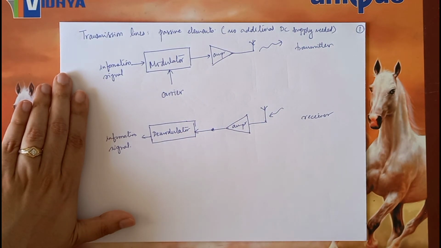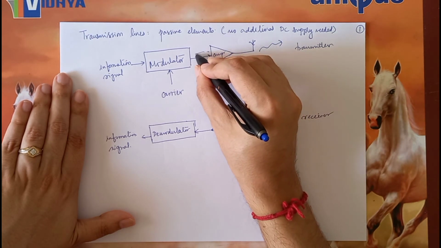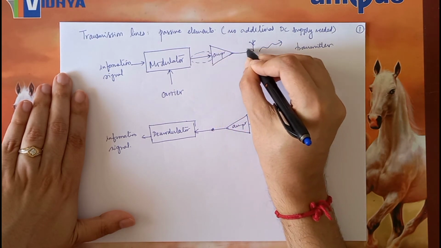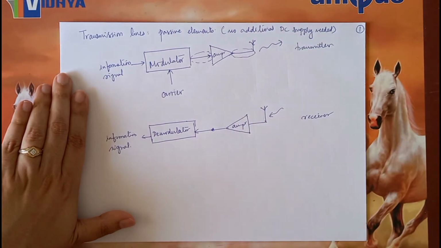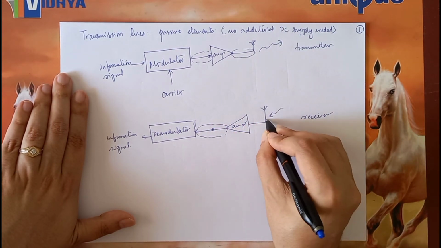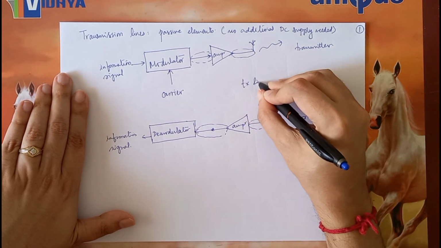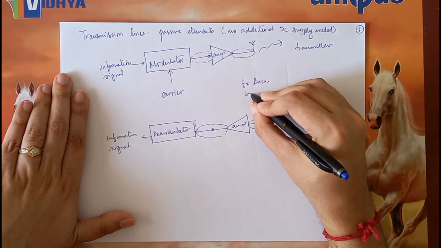So predominantly our aim so far in the course has been to look at these places, the lines that are connecting two blocks. So essentially these are all transmission lines. Transmission lines, impedance matching, and so on.